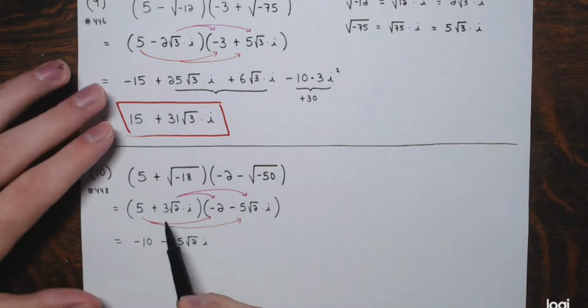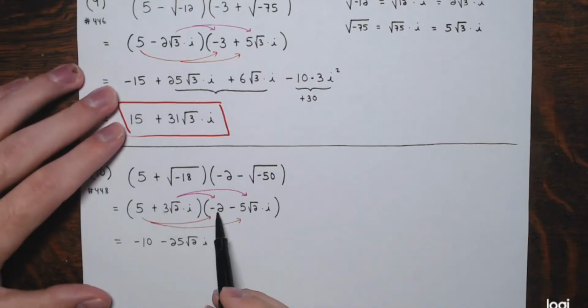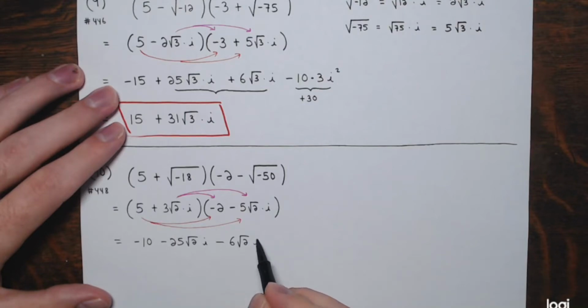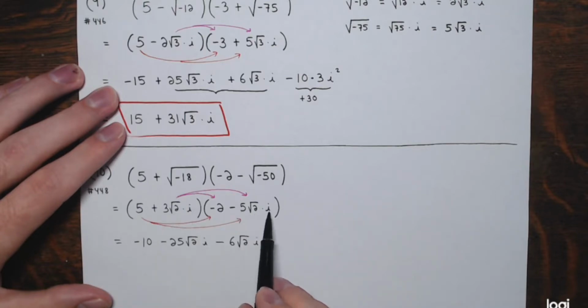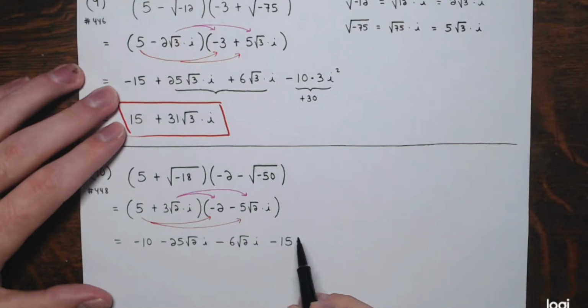And 3 square root of 2 times I times negative 2 would be negative 6 times the square root of 2 times I. And then 3 square root of 2 times I times negative 5 square root of 2 times I. Well, 3 times negative 5 is negative 15 times the square root of 2 times the square root of 2 is just 2. And then I times I squared. And this last term is negative 30 times negative 1, so it's positive 30.